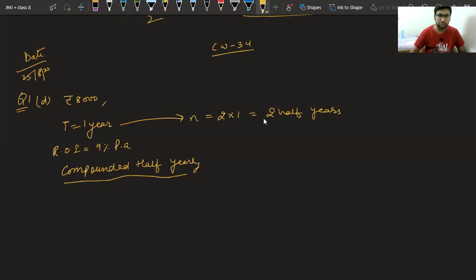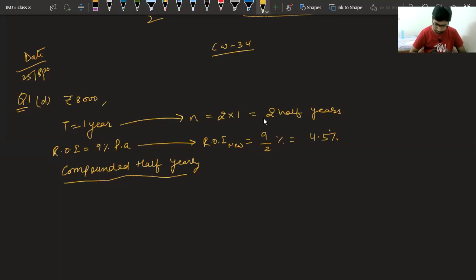And what will be the effect on rate of interest? Because we are compounding half yearly, it will become 9 upon 2. So you will write ROI new is equal to 9 upon 2, that is 4.5%, or 9 upon 2 also you can take.